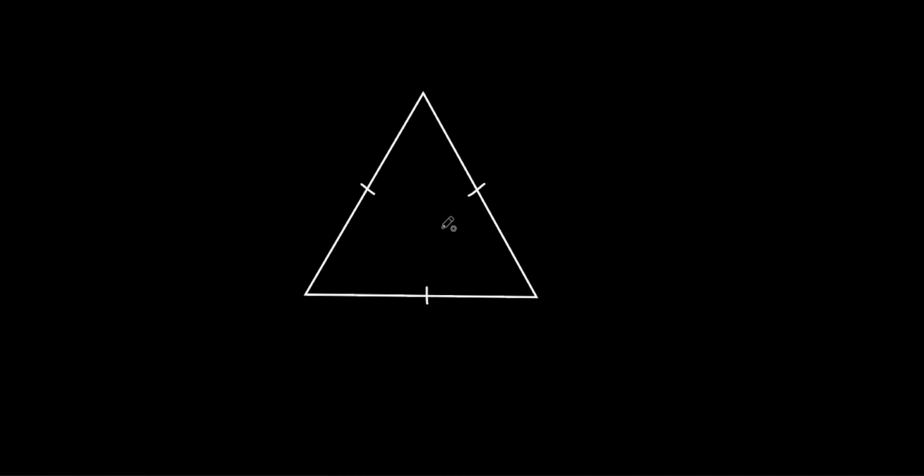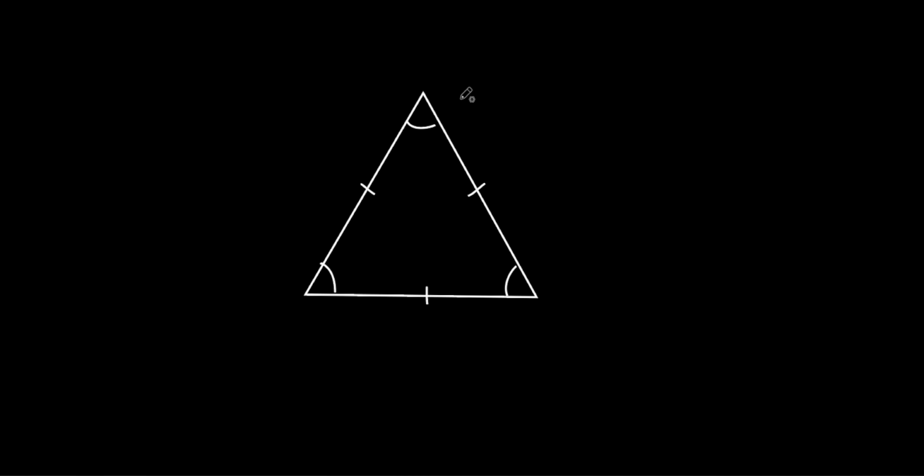Now, here's something that I haven't told you before: if you have a triangle where all three sides are equal to each other, what do you think is going to be true about the angles? They're going to be equal to each other as well. So when you have all three sides equal, that means all three angles are going to be equal. That's something a little bit new.